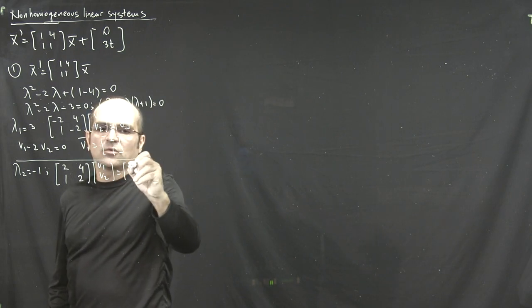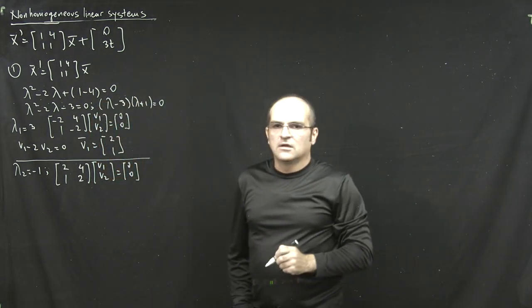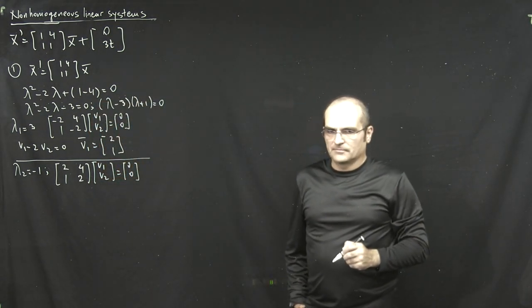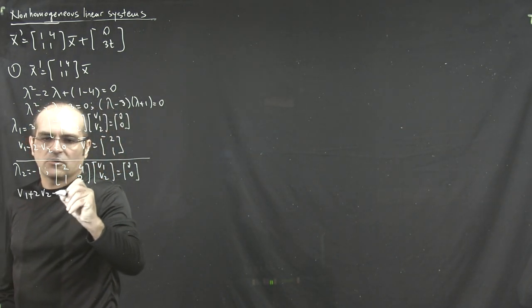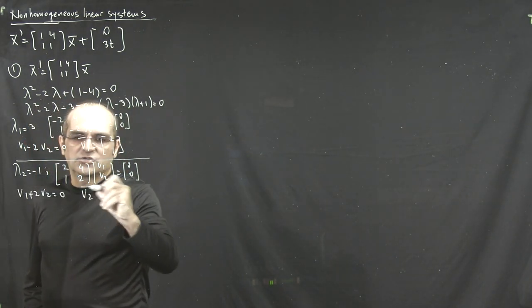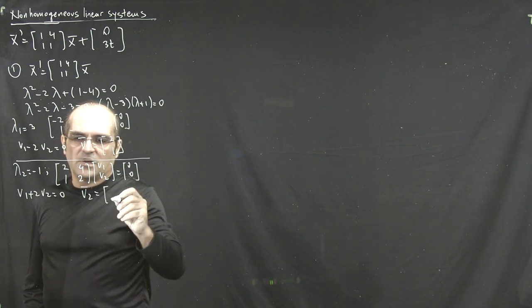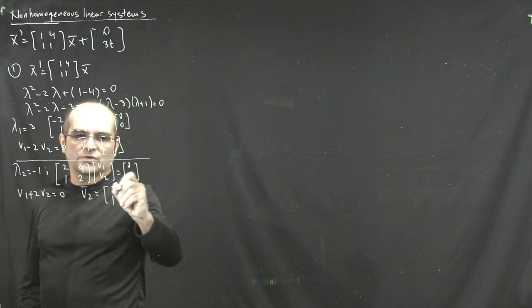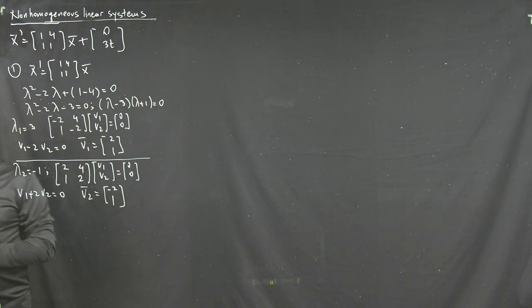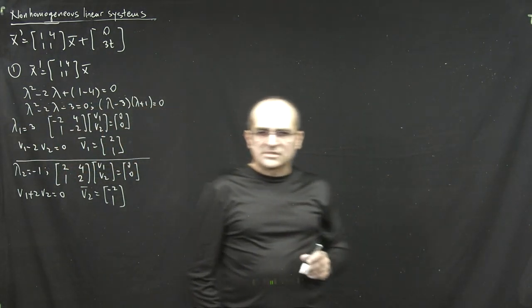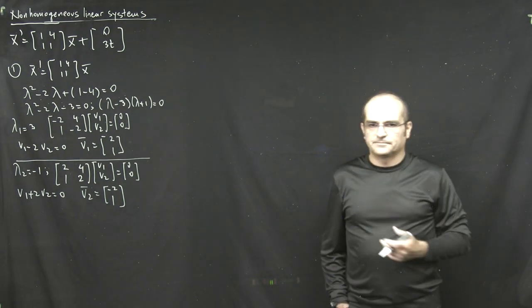Once again, the rows are dependent. That's expected. Okay, so second equation, I'm going to pick it again: v1 plus 2 v2 equals 0. And then I'll choose 1 again for the second entry, and that gives me minus 2 for the first entry. So the second vector is minus 2, 1.